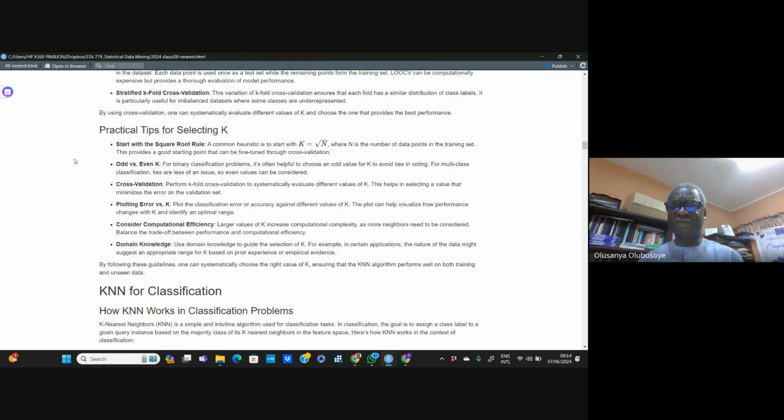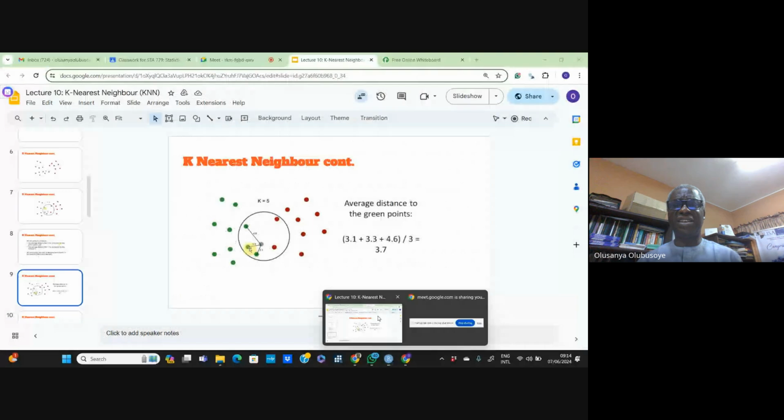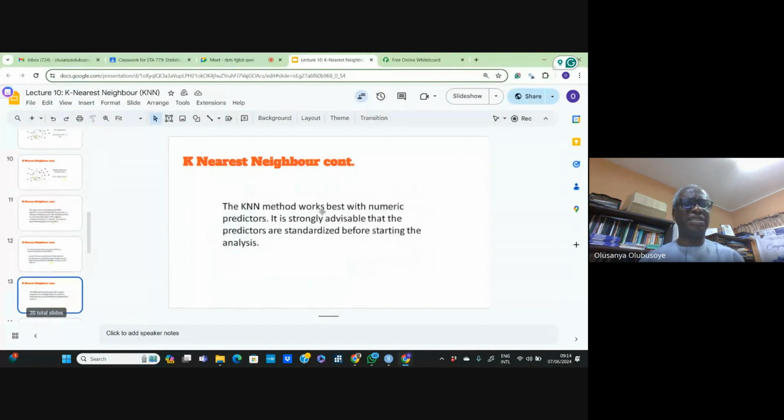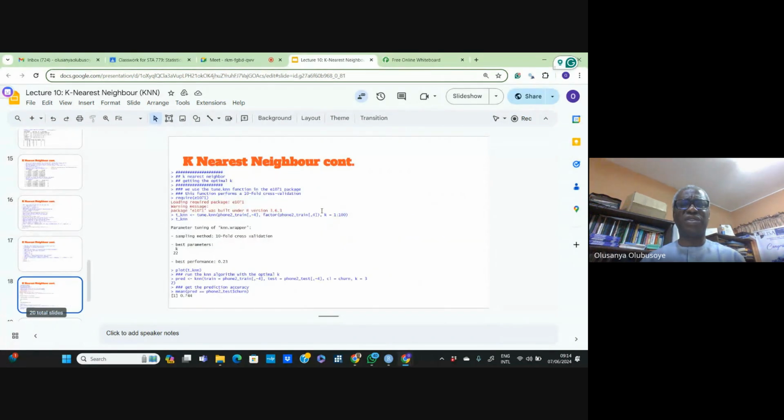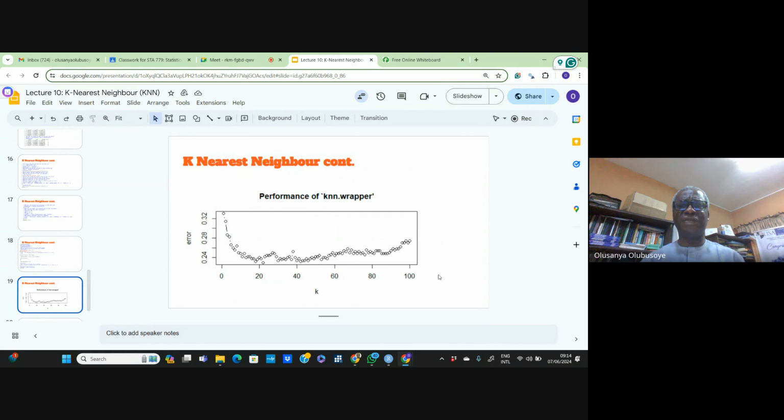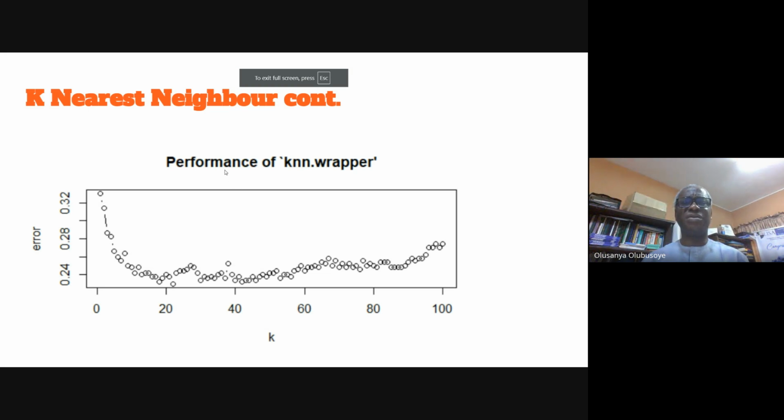I think I have something like that here. In this analysis, we were able to plot K versus the computed error, for K equal to 1, 2, and so on. Initially, when we increased the K, the error was coming down, becoming very small.